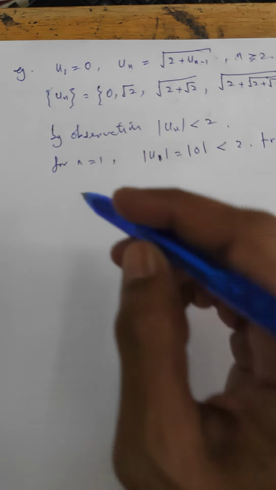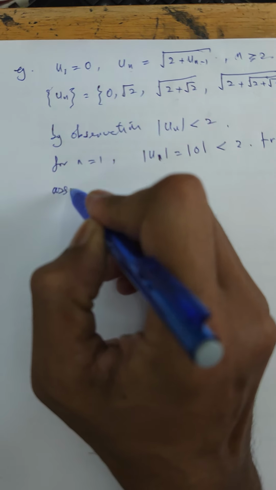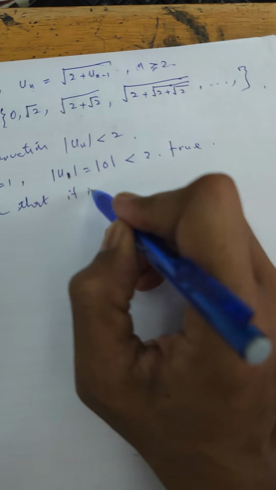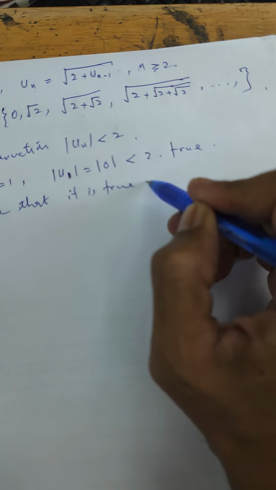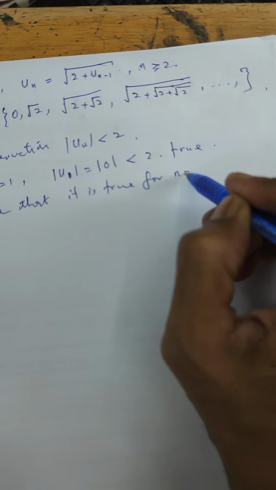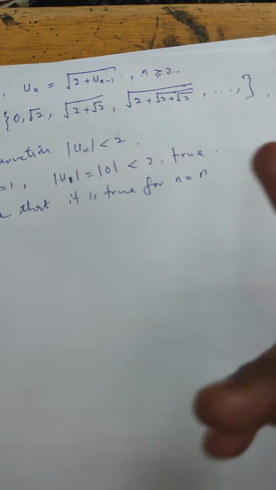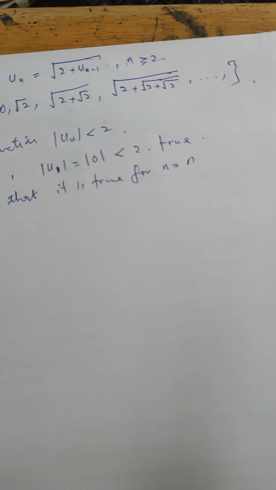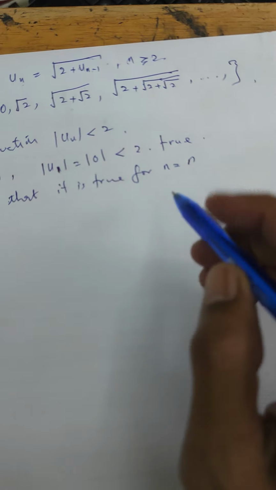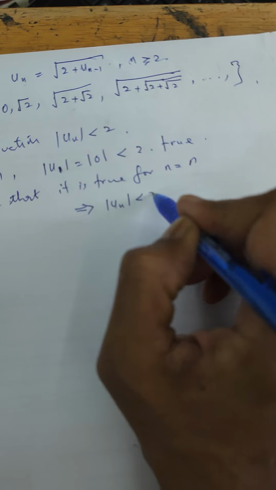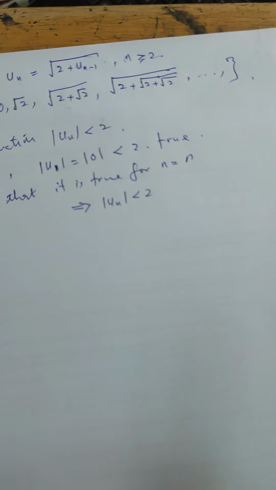Then we can assume that it is true for n equals n, or if you don't want to be confused, you can take n equals k. So if n equals n, then in this case un is less than 2. This is true because we assume it is true.